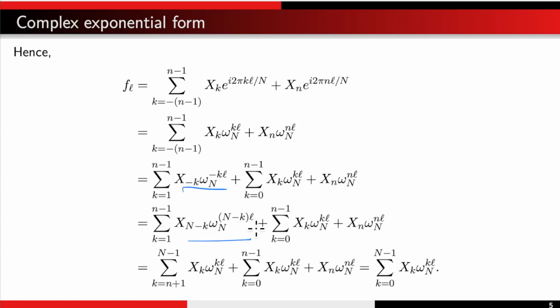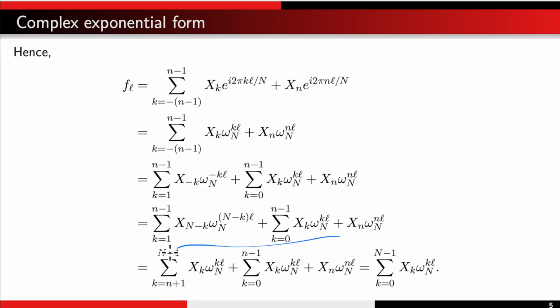So this is now this. And we notice that as k ranges from 1 to n minus 1 here, these indices range from capital N minus 1 down to capital N minus the quantity n minus 1. And since capital N is 2n, we can start from k equal n plus 1 up to capital N minus 1.